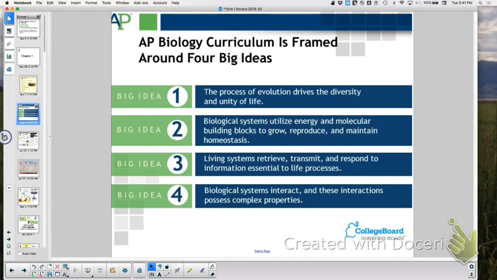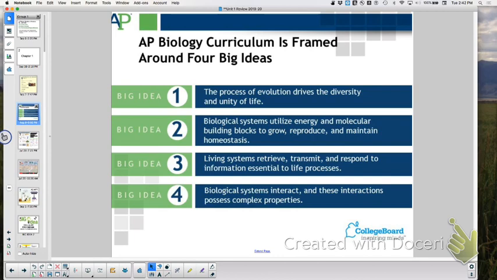Biological systems interact, and these interactions possess complex properties. Let's talk about the organization of these complex properties. It starts with atoms, molecules, organelles, cells. Life starts. Tissues work together to form organs, which work together to form organ systems, which work together to form an organism.